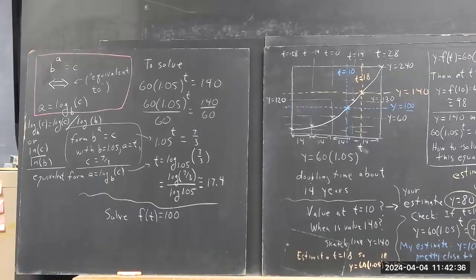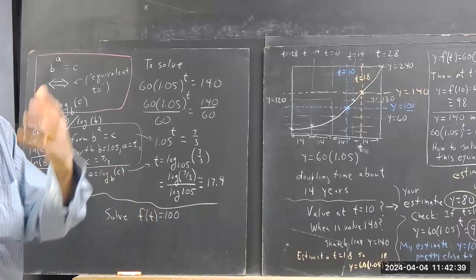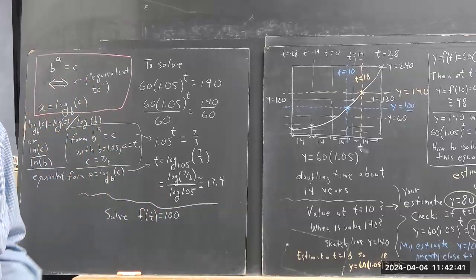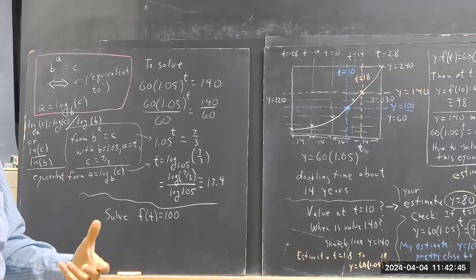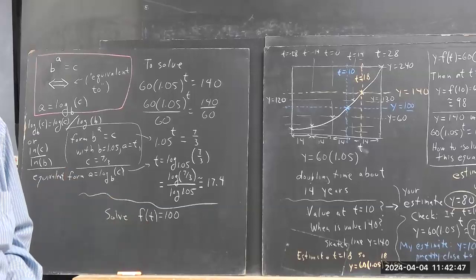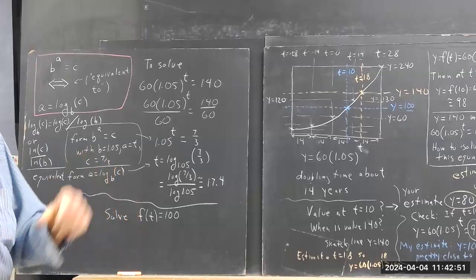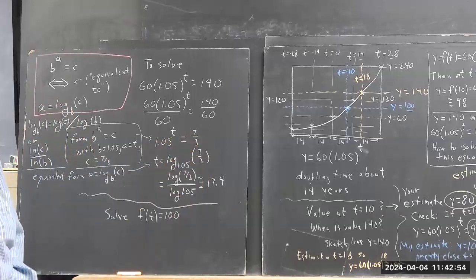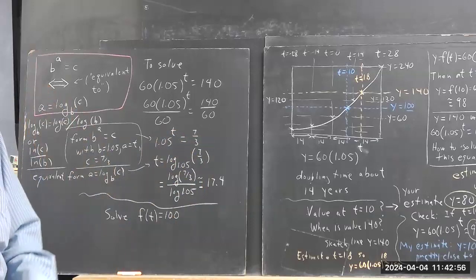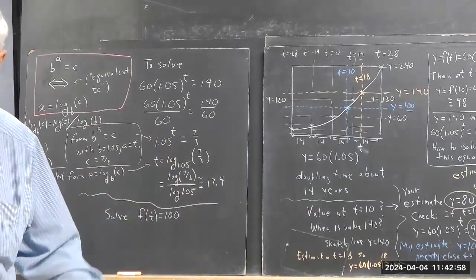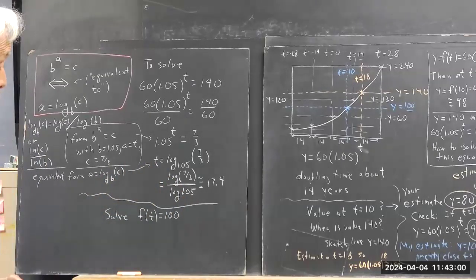Now, on your calculator, you might even have a log base B function. Okay, I recommend you don't use it because you're not going to have it when you take a test. You have a calculator to do logs, but it's not going to do log base B. I don't think it has a percent button in it, which is the main reason nobody understands percents anymore. Okay?